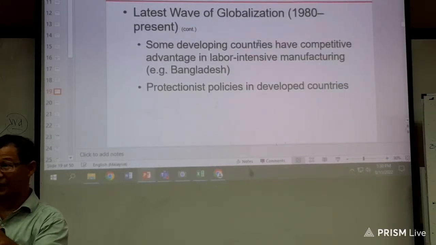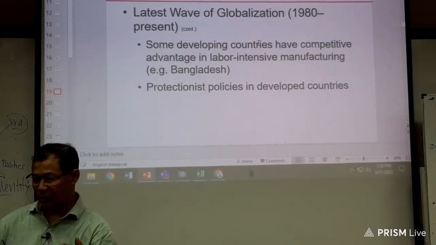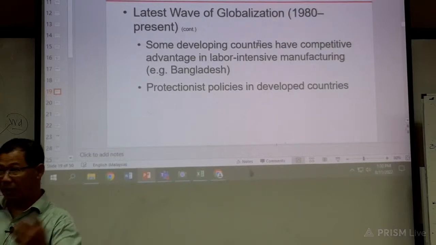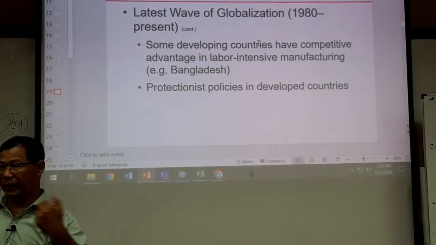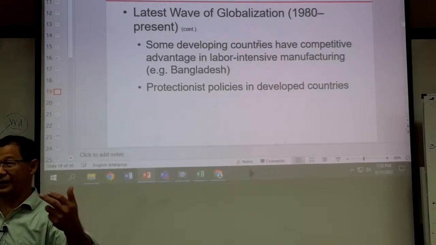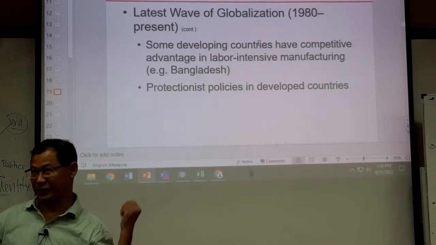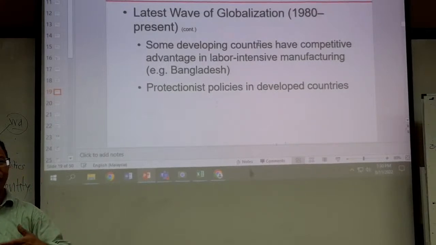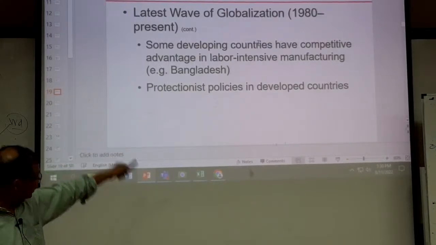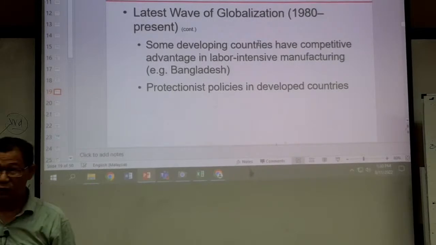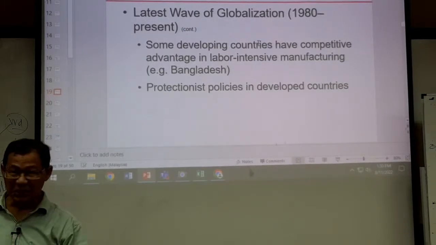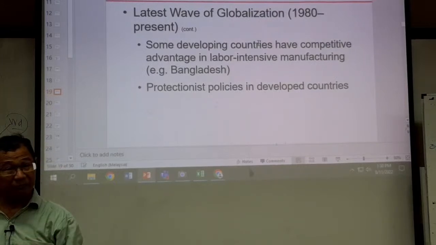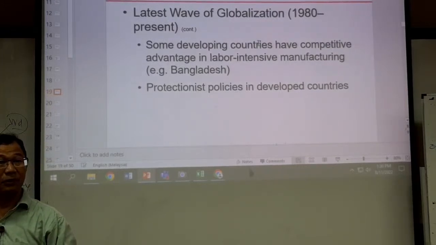That US magazine said we must protect our cars, our Ford, our GM. Koreans are coming, will attack us. Not attack the car industry, okay? So we must defend our companies. Ford will close up. So protectionist policies in developed countries protect their companies. Tariffs. That's one way of doing that.